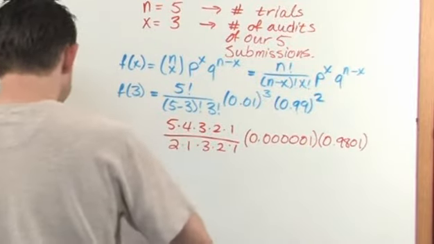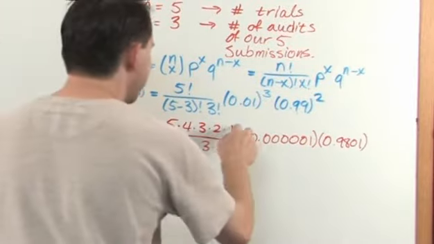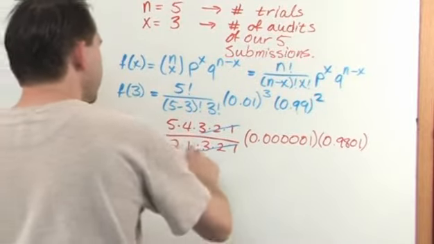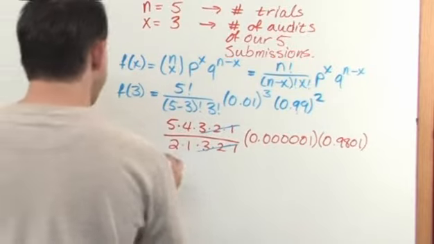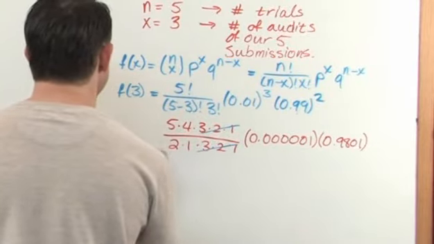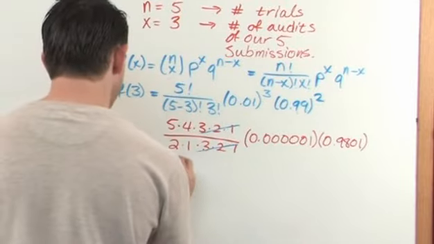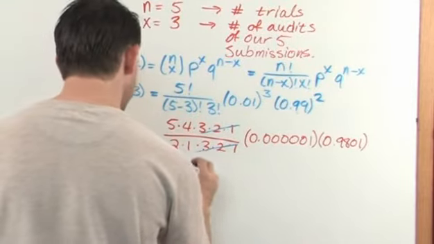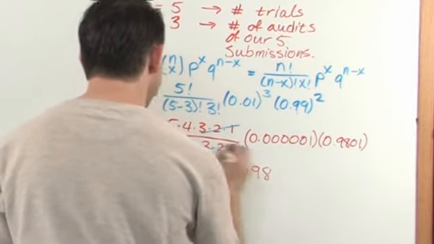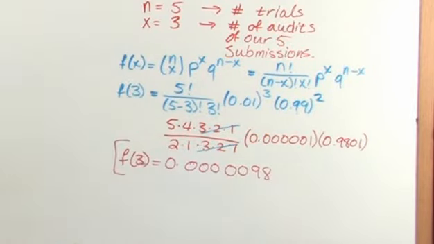Now you can see the reason I expanded this is because these all cancel, so it makes everything easy. So 5 times 4 divided by 2 multiplied by all this stuff is going to give you the probability of 3 people getting an audit of 0.000098. Okay, so it follows the same mold.